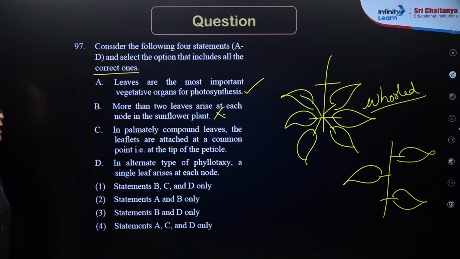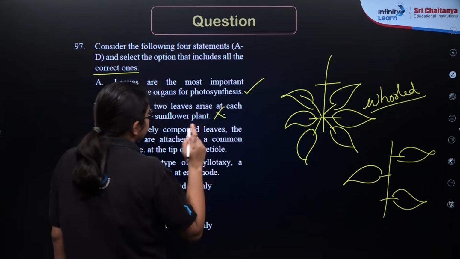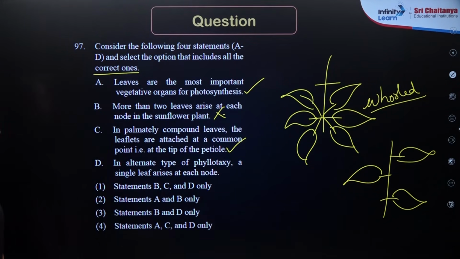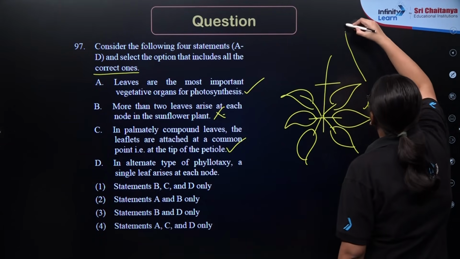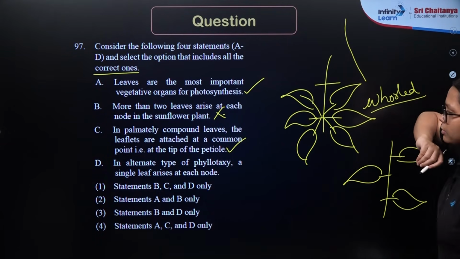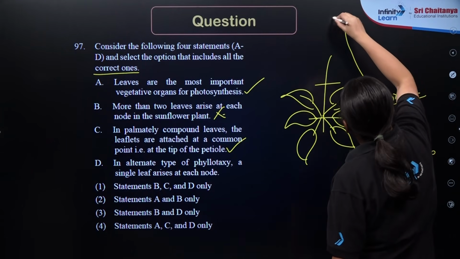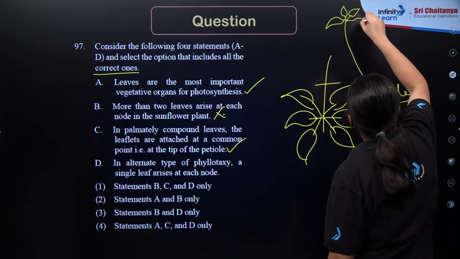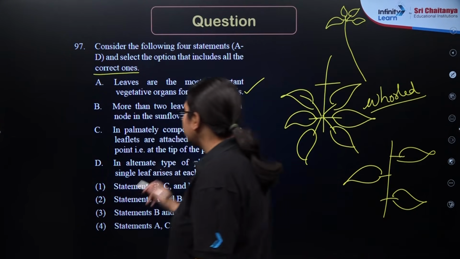C. In palmately compound leaves, the leaflets are attached at a common point, that is the tip of the petiole. This is true. A palmately compound leaf example is silk cotton. This is your petiole, and at the tip of the petiole all the leaflets arise. This is your palmately compound leaf, so this is true.